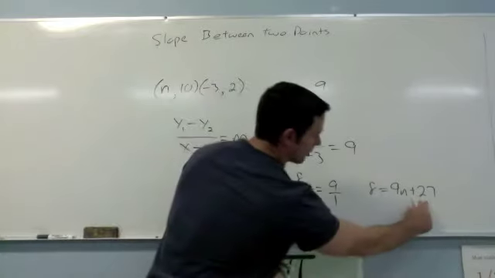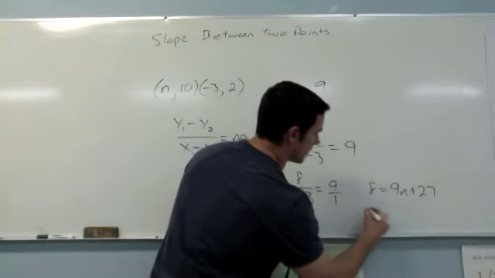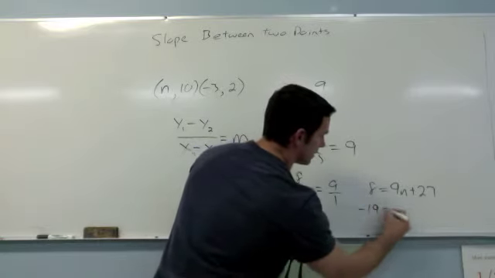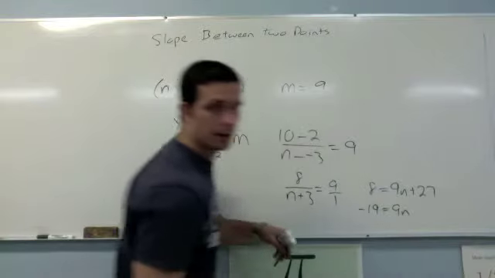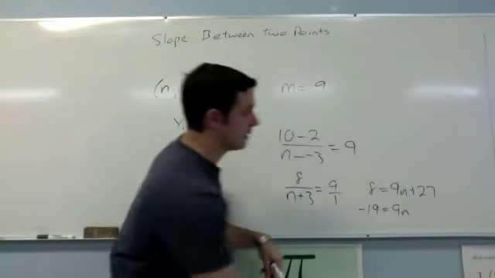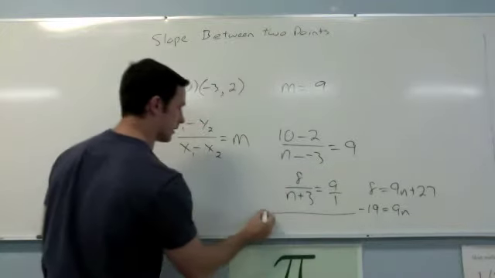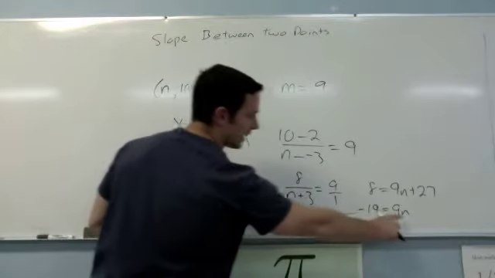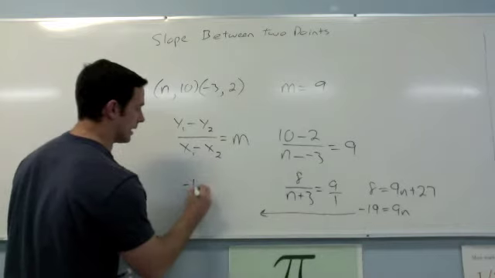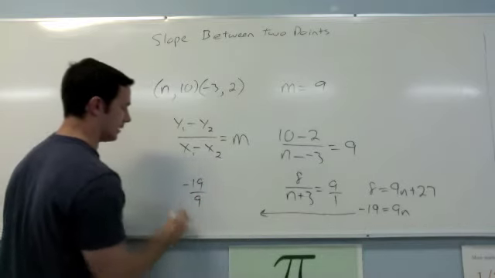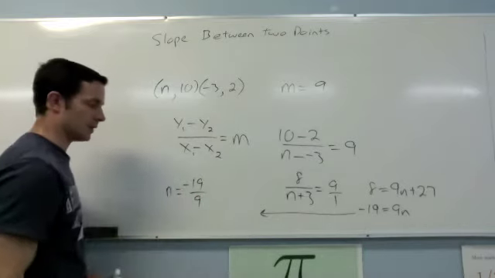When I subtract 27 from both sides, over here I'm going to get negative 19 equal to 9n. After that, divide both sides by 9. So when I divide by 9, I'm going to get negative 19 divided by 9 is what n is equal to.